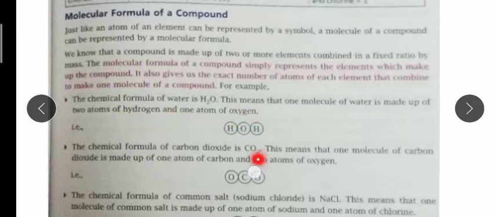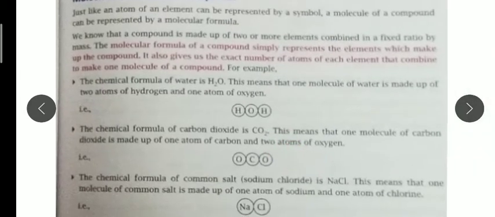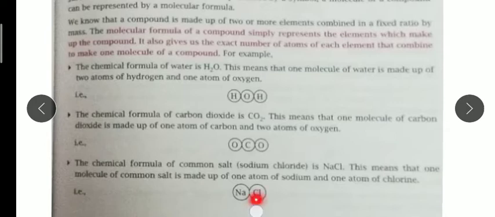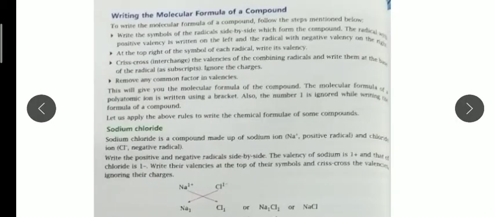Same way for carbon dioxide, you can see it is made up of 1 atom of carbon and 2 atoms of oxygen, so CO2. Then NaCl, so here 1 atom of sodium and 1 atom of chlorine. So like this, we can form the formula of every compound.